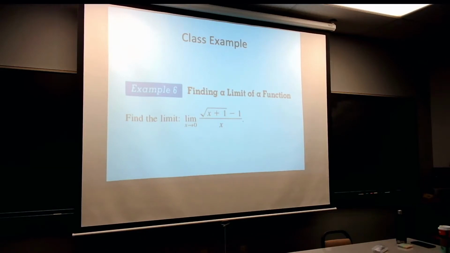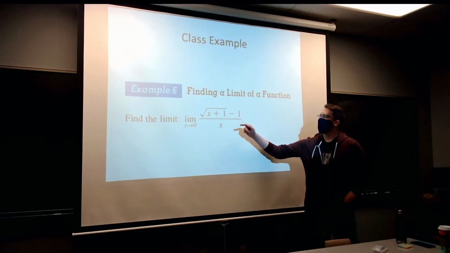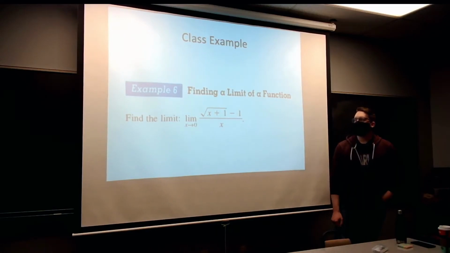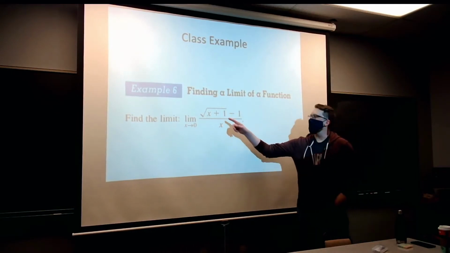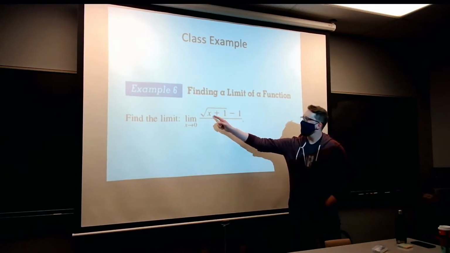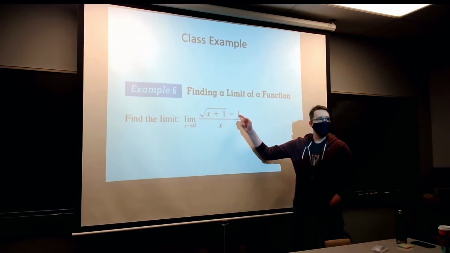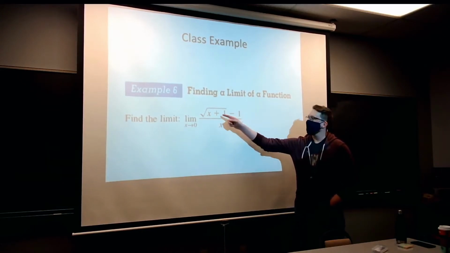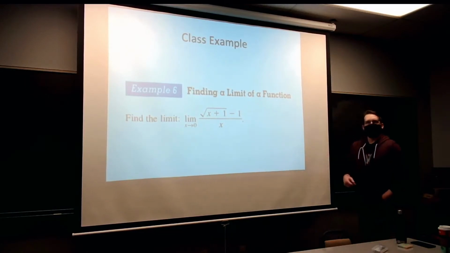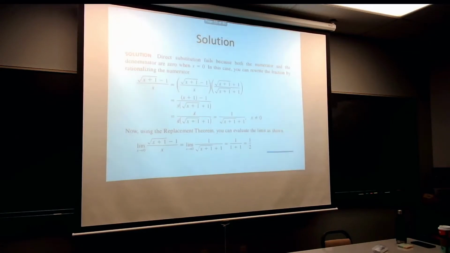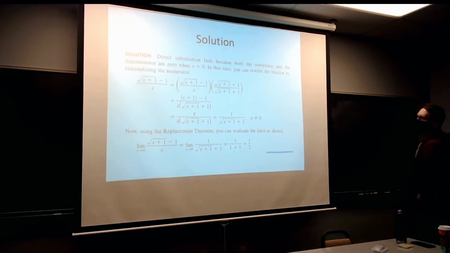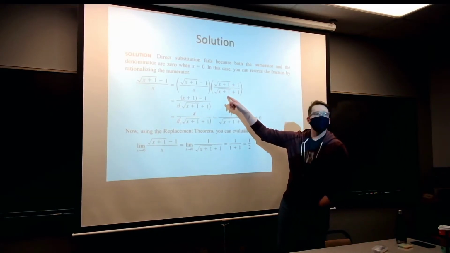What happens if we multiply our numerator and our denominator by 1? Nothing, right? What if we choose to represent 1, though, as the square root of x plus 1 plus 1 over the square root of x plus 1 plus 1? What happens then? Well, let's look. This is just 1, right?